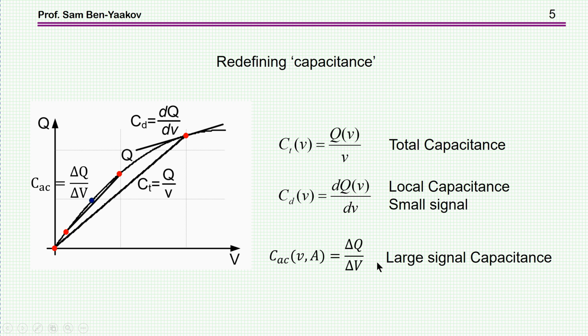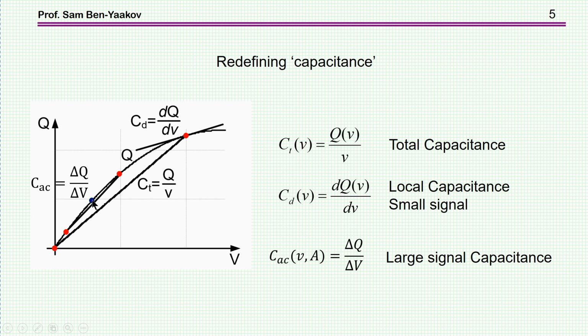The third one is the large signal capacitance, which is important when the amplitude is large. That is, there is an excitation, the amplitude is large, and this capacitance is defined as delta Q over delta V. For example, around this particular voltage, there is an amplitude here, and we are moving back and forth on the nonlinear curve, but I can define a linear segment here, which is defined as this large signal capacitance.